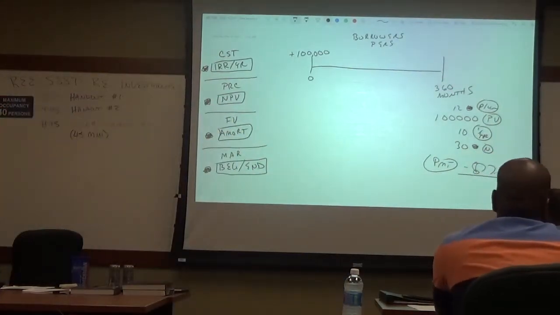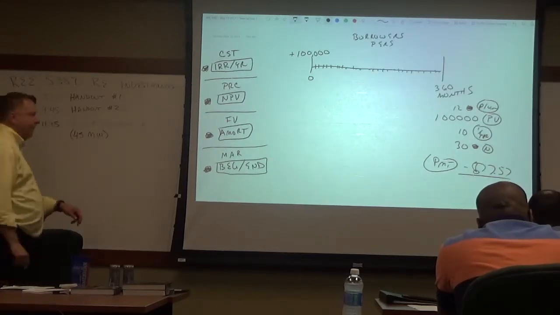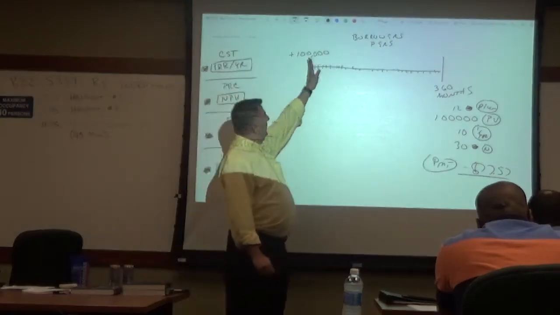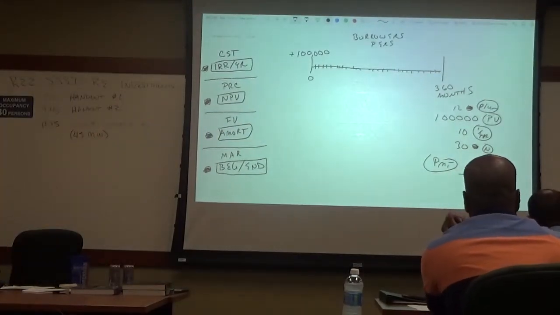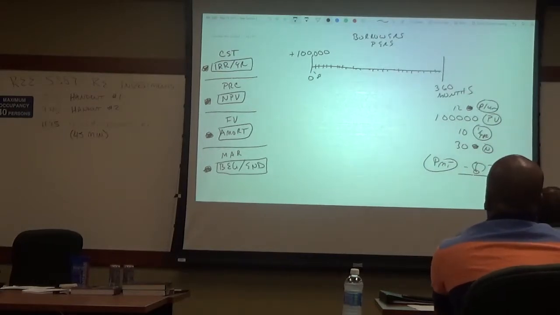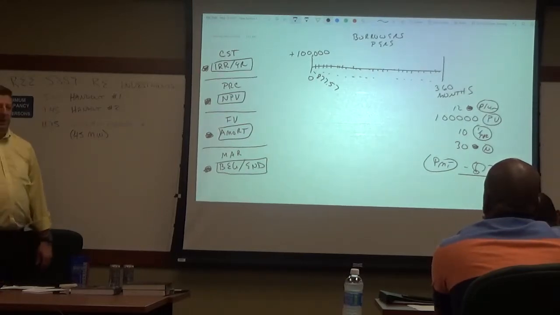Each month, if we were to put a little hash all the way across, we would literally have 360 monthly payments that we would be making, and the monthly payment would be a negative $877.57. So all the way across, every single payment is $877.57.